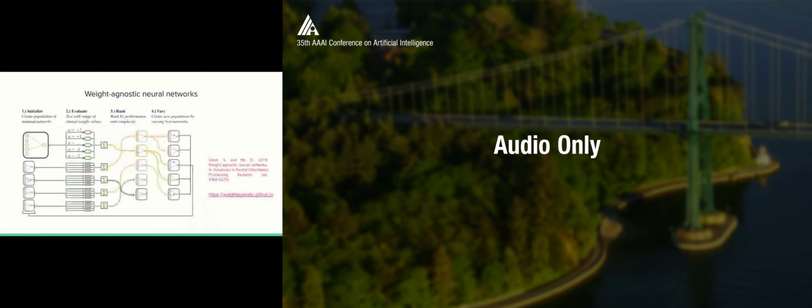And another related problem is that of finding an optimal architecture for a specific task. This problem is also called neural architecture search. One interesting paper in this field is the one on weight-agnostic neural networks that is indicated here from NeurIPS 2019. In particular, this one is inspired by precocious behaviors observed in nature.